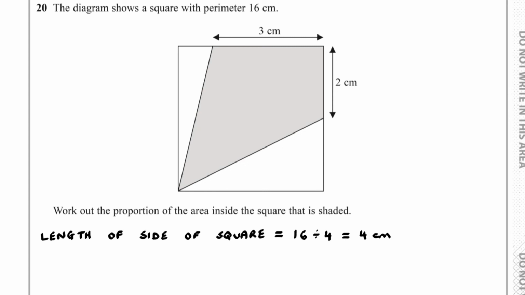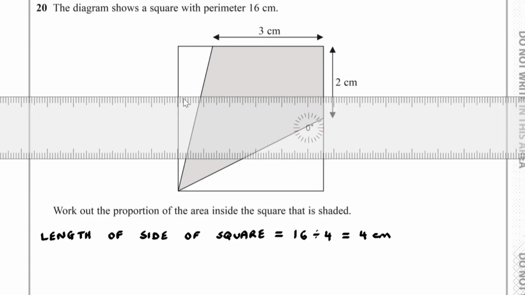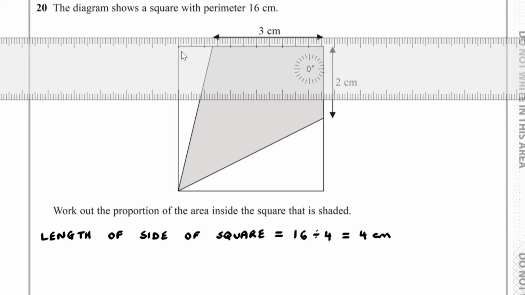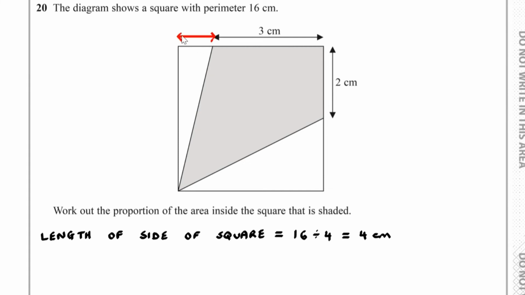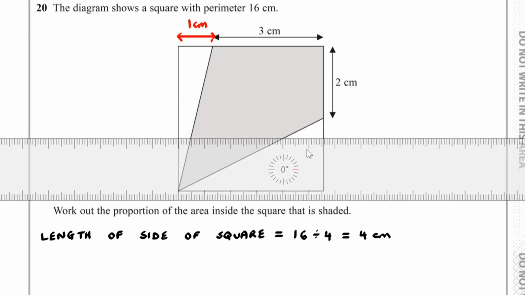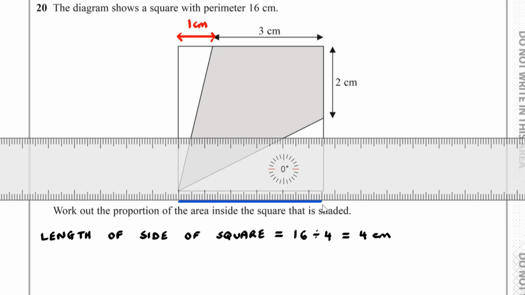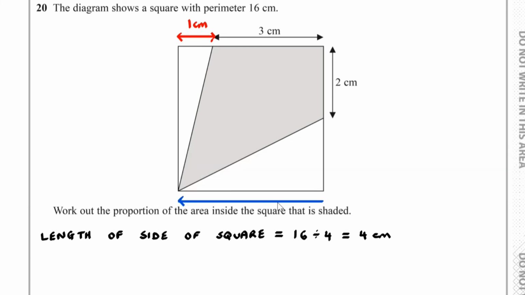So that means in total what we have is 1 centimeter here, and we would also have here 4 centimeters. Now we can find out the heights.